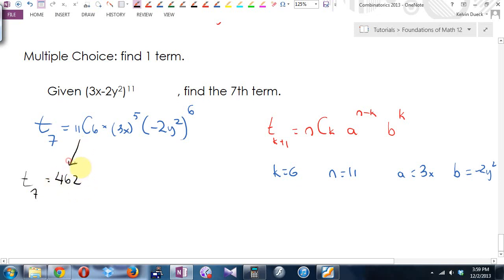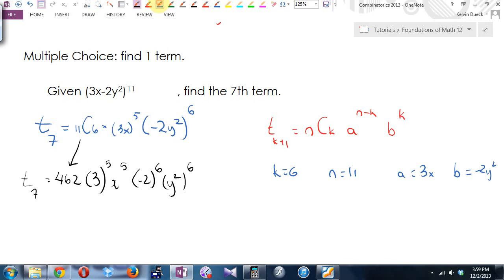There's going to be a 3 to the 5th, an x to the 5th, a negative 2 to the 6th, and a y squared to the 6th. By the way, can you tell me what the variables are going to be? X to the what? Y to the?